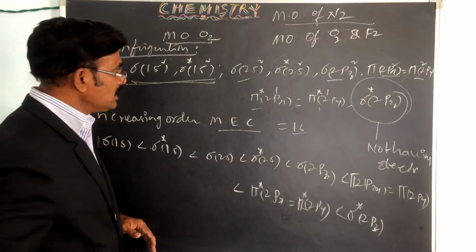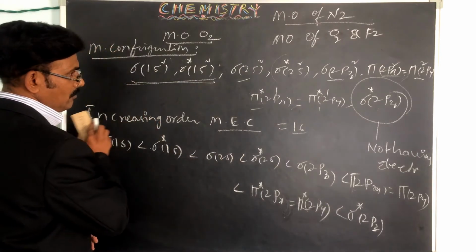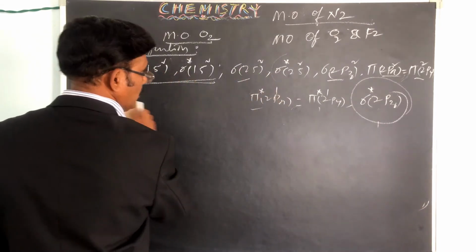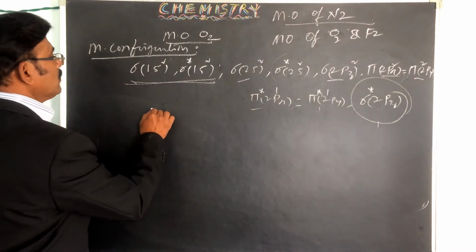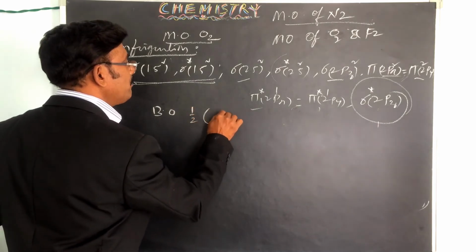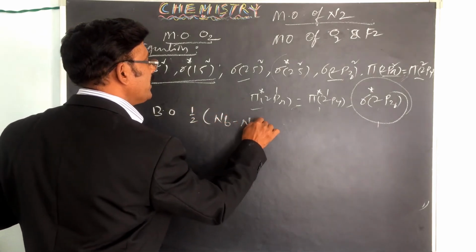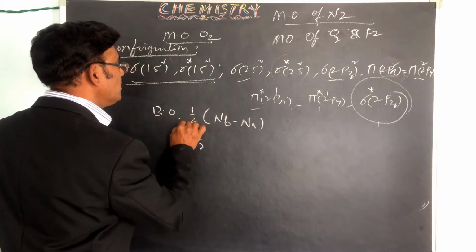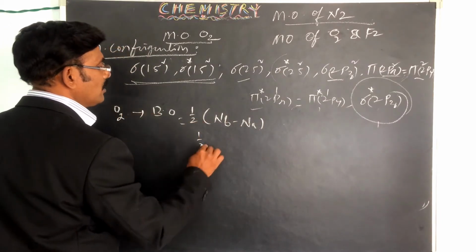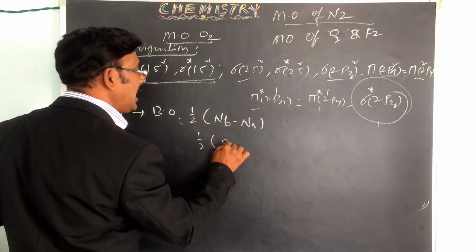So our formula is the bond order formula of Nb minus Na over 2. This is one oxygen molecule, and Nb is 8.